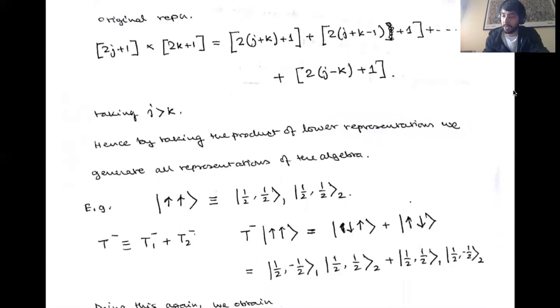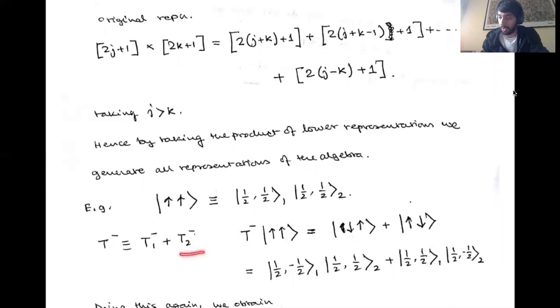Okay, let's look at spin ups. So spin ups, this is half, half. Okay, so let's look at t minus acting on this. So t minus is going to flip one sign here and one more sign here. So t minus is going to split into t minus of 1 and t minus of 2. The t minus of 1 is going to flip this spin here.